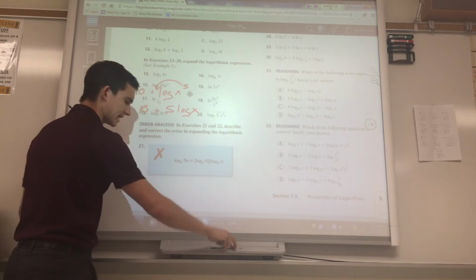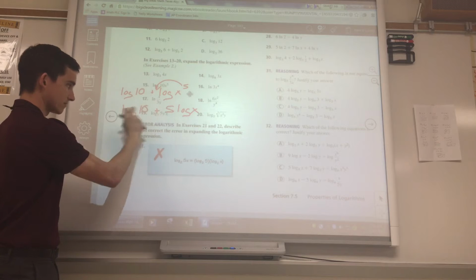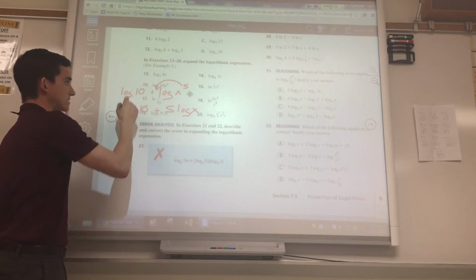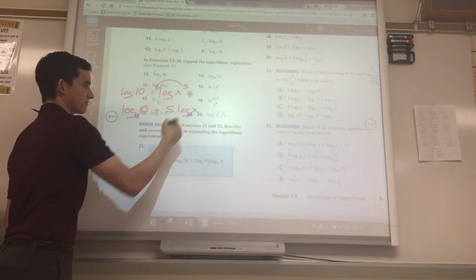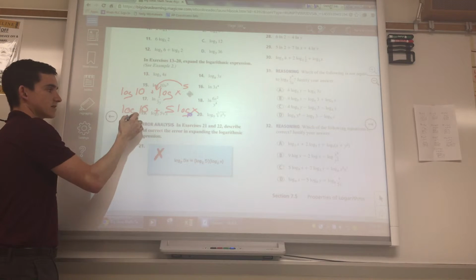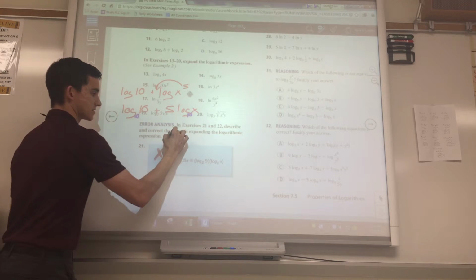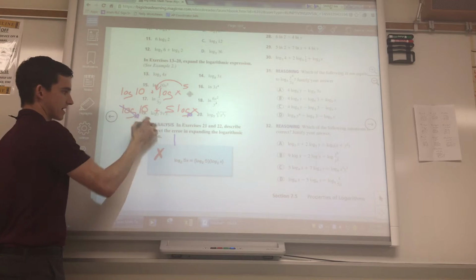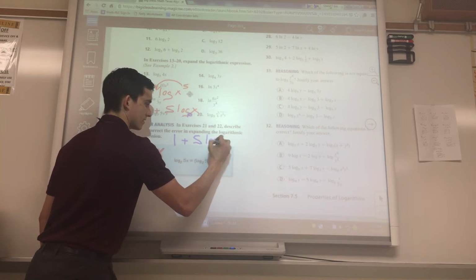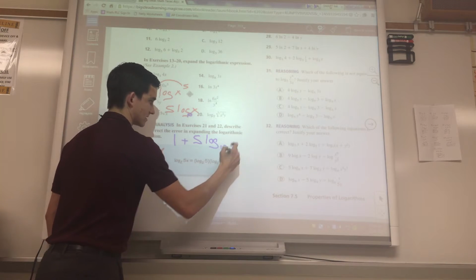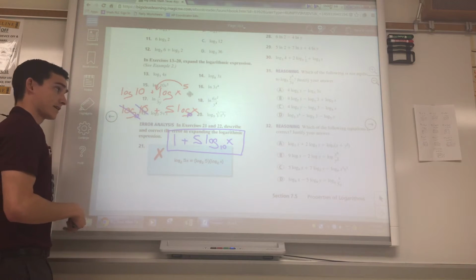Now keep in mind, every logarithm that doesn't have a base actually is by default base 10. So this is log base 10 of 10, log base 10 of x. So log base 10 of 10 is just 1. So my final answer is 1 plus 5 log base 10 of x. That'd be my final answer there.